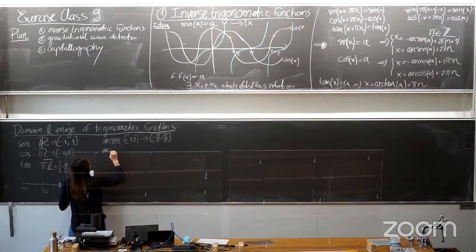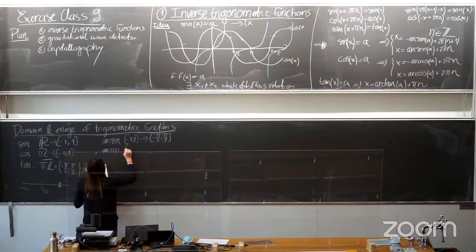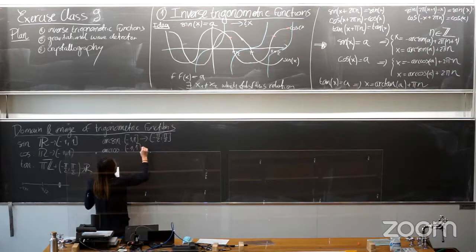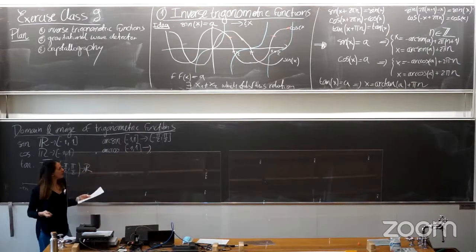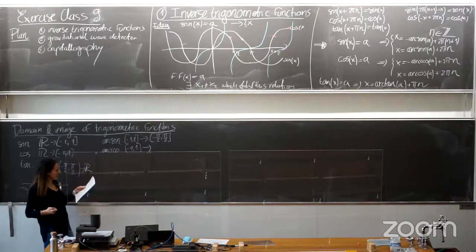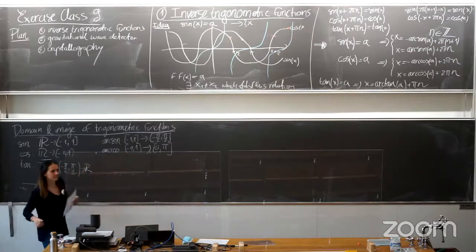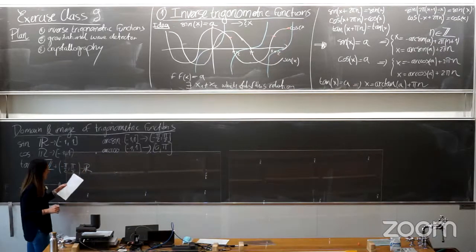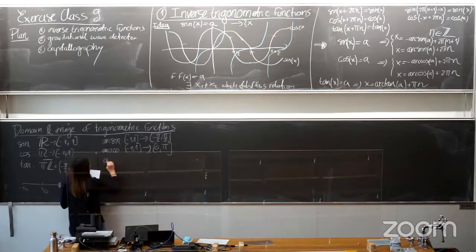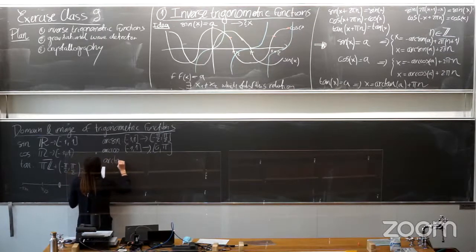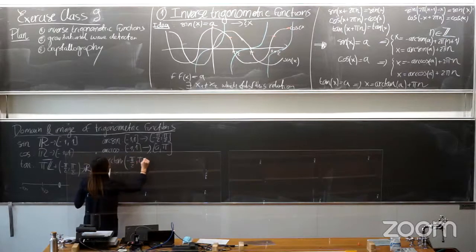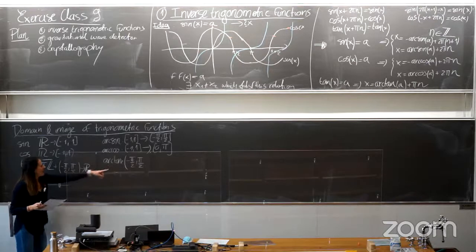Our arccosine has the same domain, because cosine is always between -1 and 1, and this maps from 0 to π. And arctangent, per definition, we choose the domain between -π/2 and π/2.